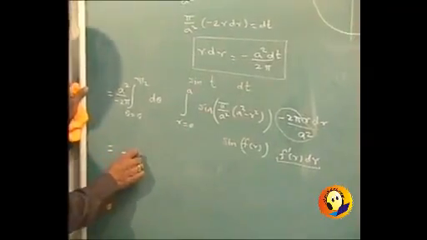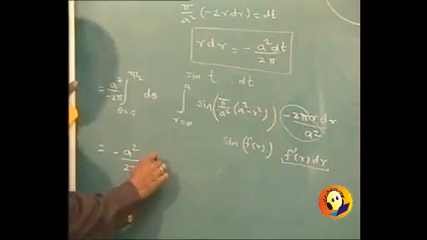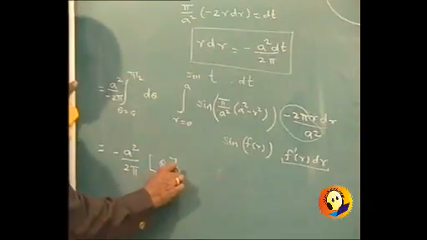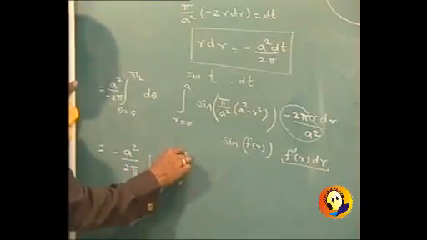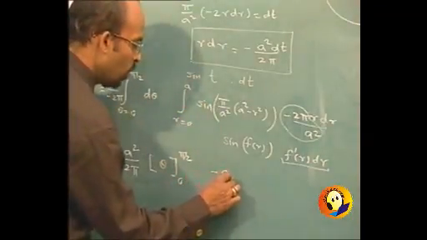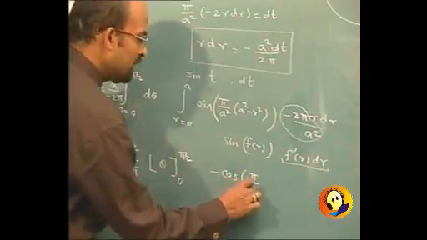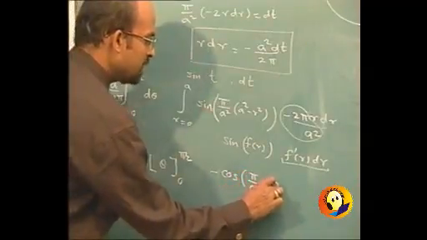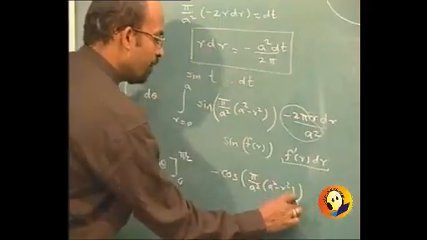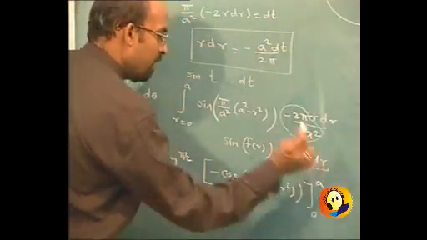So it will be minus a square upon 2 pi. d theta is integrated as theta between limits 0 to pi by 2. Integration of sine will be minus cos of pi upon a square into bracket a square minus r square within limits 0 to a.